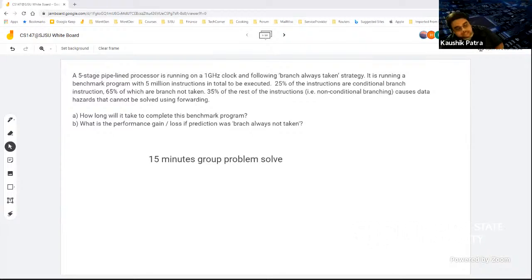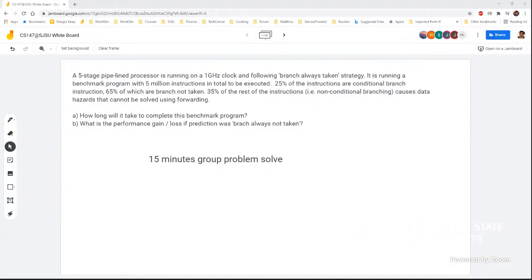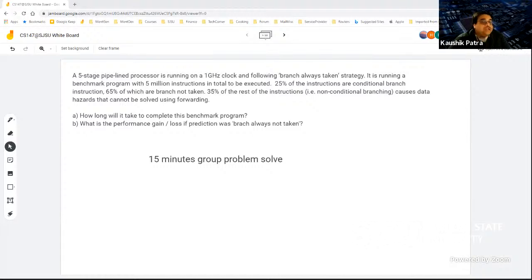Isn't it the same number of instructions executed no matter what you predict, right or wrong? You will fetch extra instructions, but it will be clock cycles saved, I'm sorry. So it will be in terms of ratio. Ultimately, what is the time it took in A and what would be the time it took in the B scenario. And in the B scenario, you just take a ratio between the execution time of A versus execution time of B.